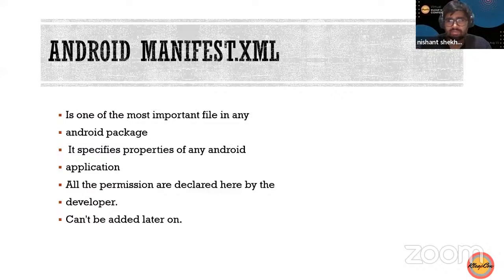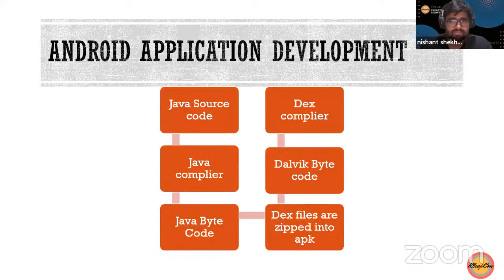The most important reason is that it can't be altered later. If you try to add to or manipulate that file later, the application will give you an error that the application has been broken, or it can't be installed or can't run in the system. So that's why it's a very important file.